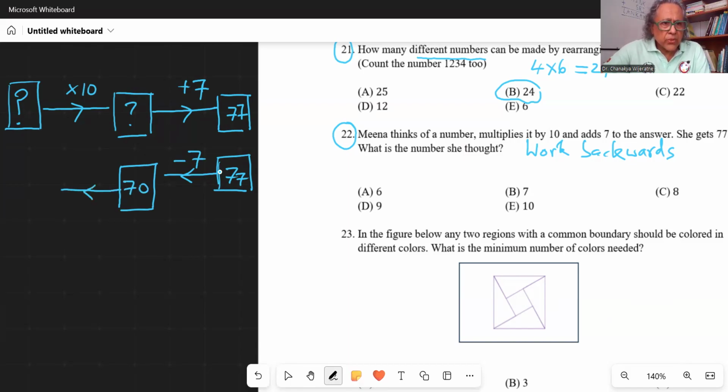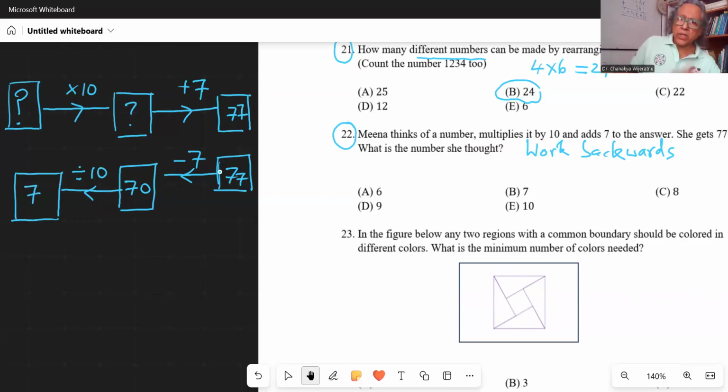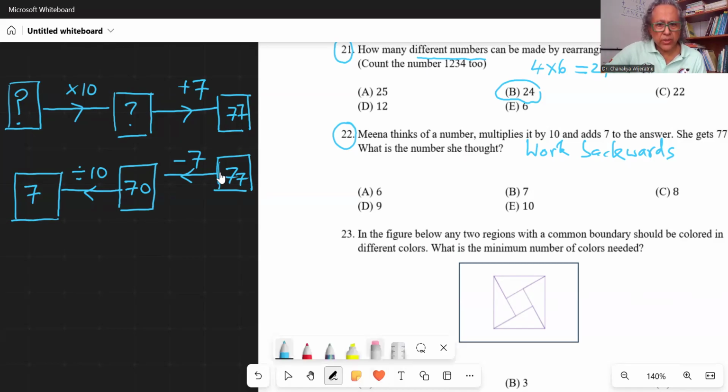And then to get the number she thought at the beginning, we need to do the reverse of multiplying by 10. So that is actually dividing by 10. So we get 7. And we can check. We can actually put that 7 into the box in this forward flow.